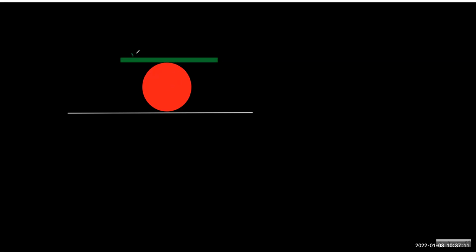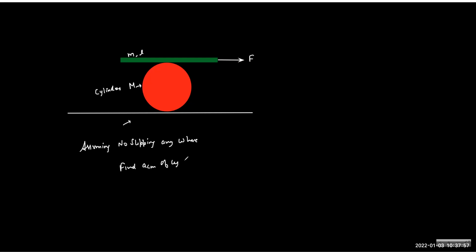The mass of the cylinder is capital M, and the radius is R. The length of the plank is L, and this plank is pulled with a force F, assuming no slipping anywhere. Find ACM of the cylinder.